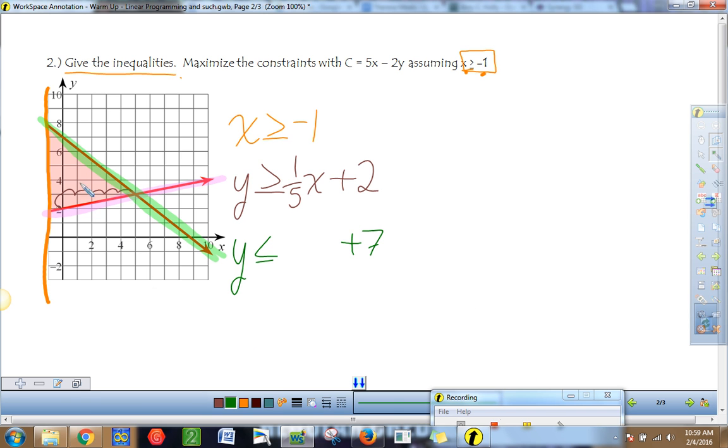And then we know that this is a nice point. -3, 5. And we know that this is a nice point. So 1, 2, 3, 4. 1, 2, 3, 4, 5. And why do you know it's negative? It's going down. Because the line's going down, right? So those are those inequalities.